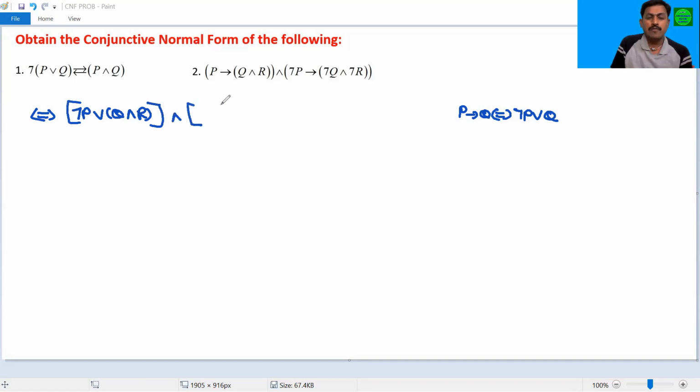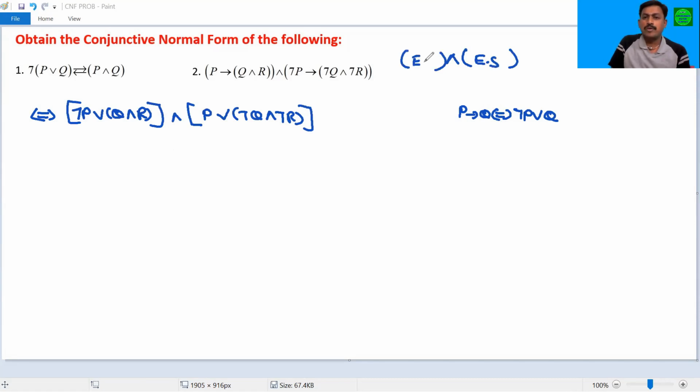And here if you apply the double negation law, it will become simply P or not Q and not R. Now our aim is to get this form, conjunction between elementary sums.